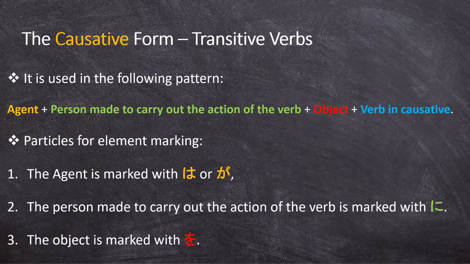So, unlike the situation that we had in the previous video, here the element marking is a lot clearer and more direct. The only thing that you need to keep in mind is to decide correctly which particle to use for the agent marking, but everything else is pretty much straightforward.